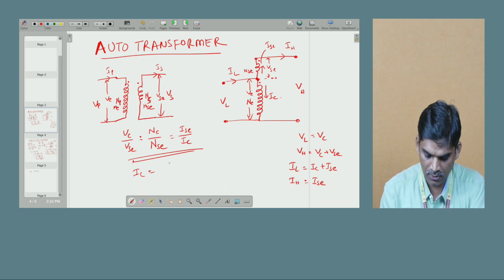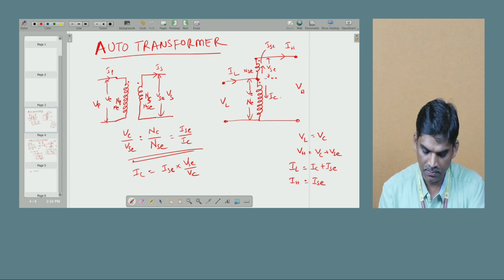IC is equal to ISC into VSC by VC, simple. So VC IC is equal to ISC VSC. So the voltage comes in, and based on that we are getting this.